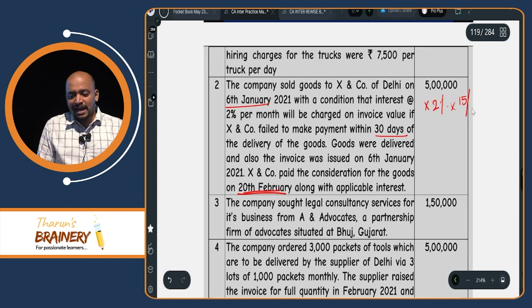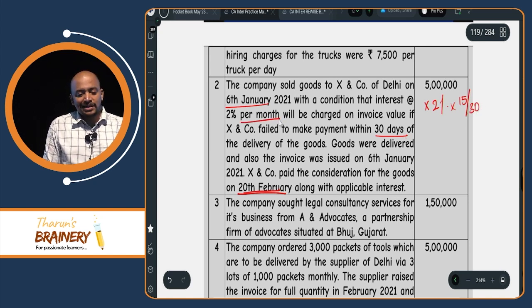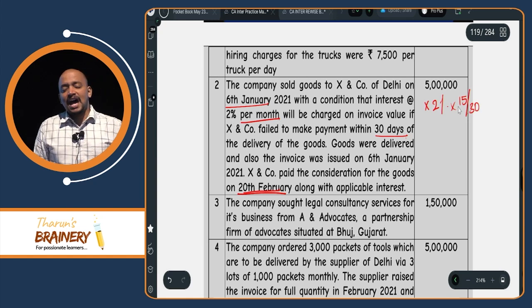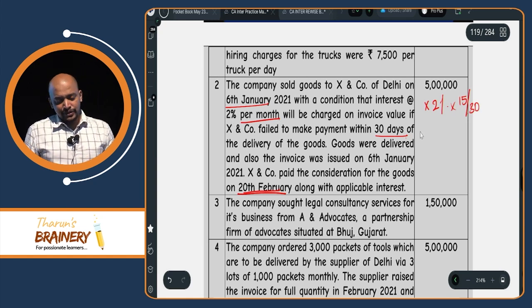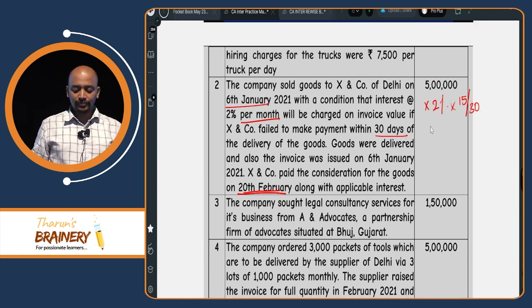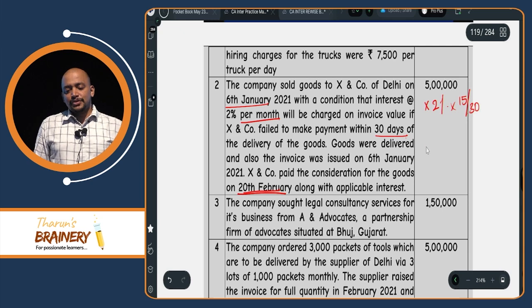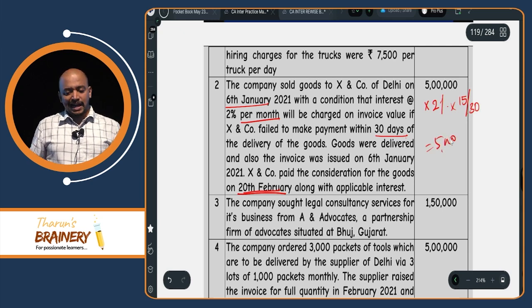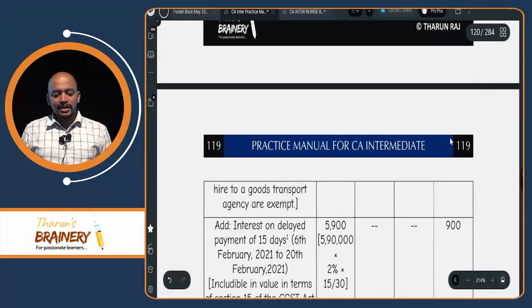15 divided by 30. Why 15 divided by 30? Because for 1 month it is 2%. For half a month we need to calculate. So 5 lakhs into 2% into 15 by 30. 5,000. 5,000 will be taken as the interest. Okay.